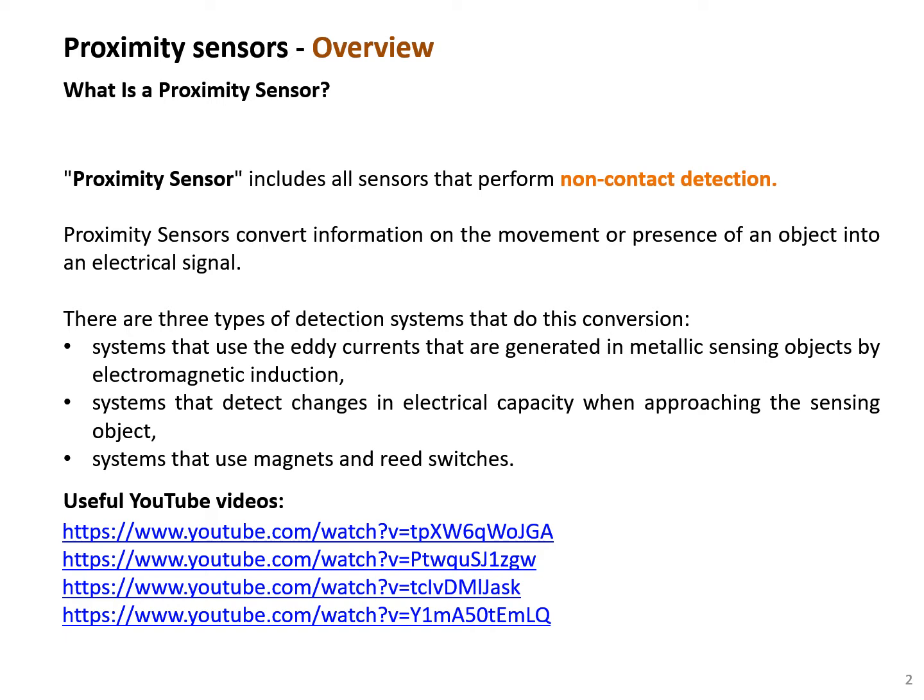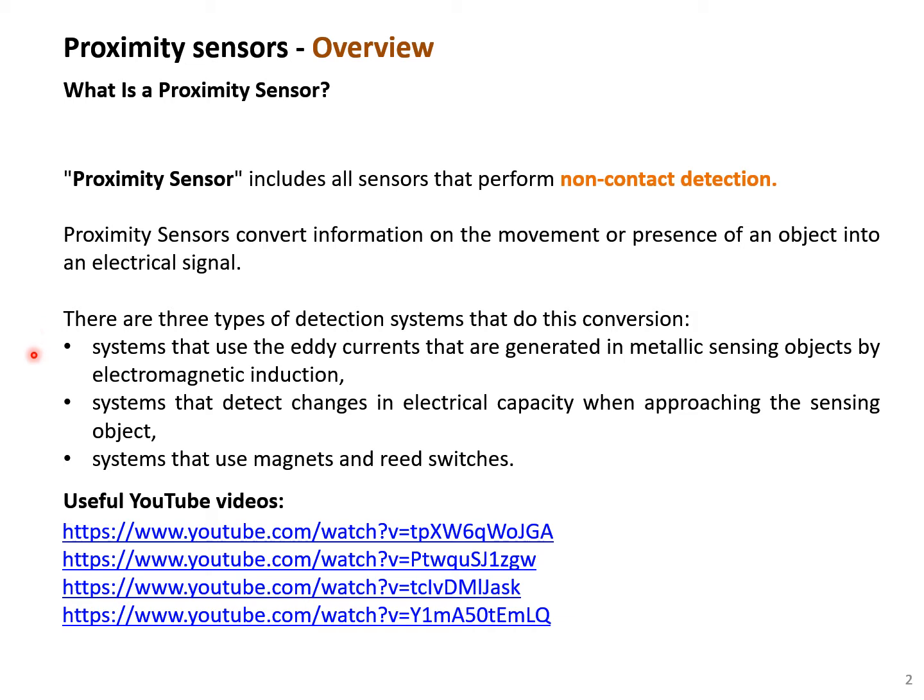The first one is proximity sensor. It includes all sensors that perform non-contact detection. Proximity sensors convert information on the movement or presence of an object into an electrical signal. There are three types of detection systems that do this conversion.